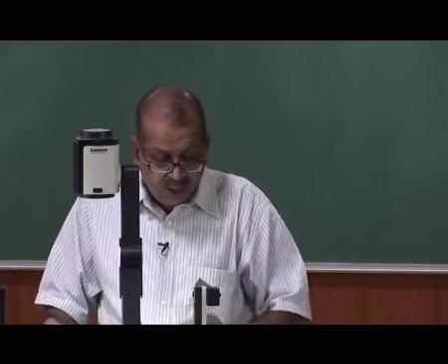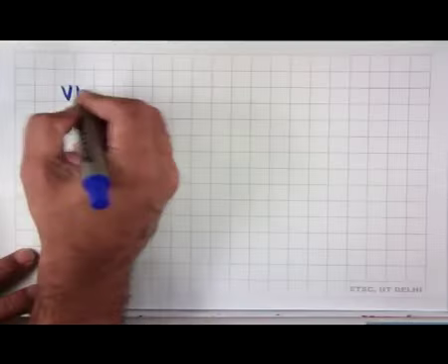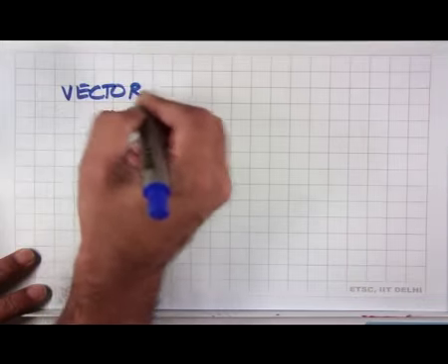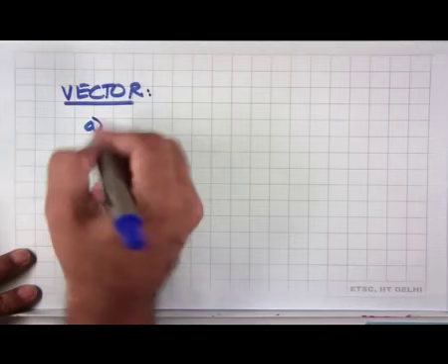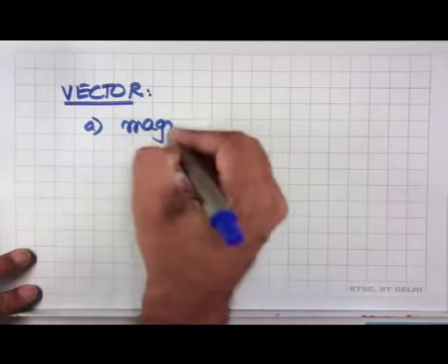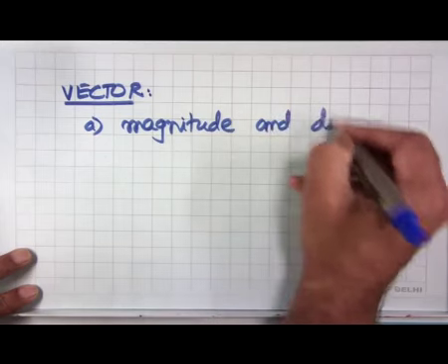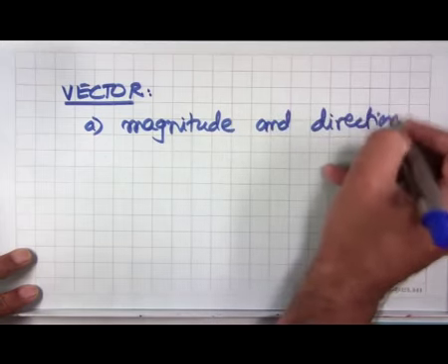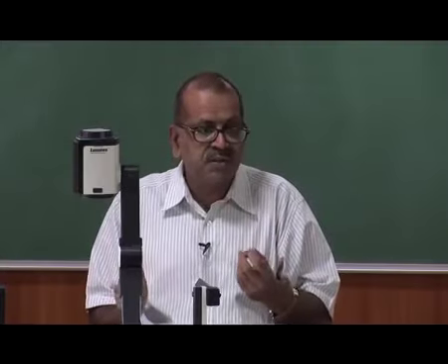Now, let us talk about vectors. A vector is a quantity which has, firstly, a magnitude and it also has a direction. So, a vector will have both magnitude and direction.